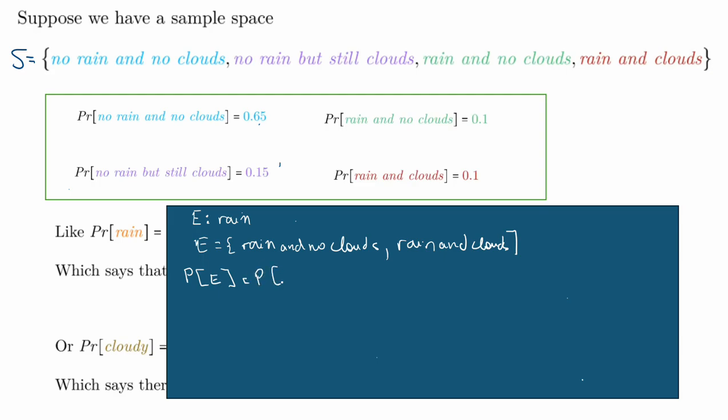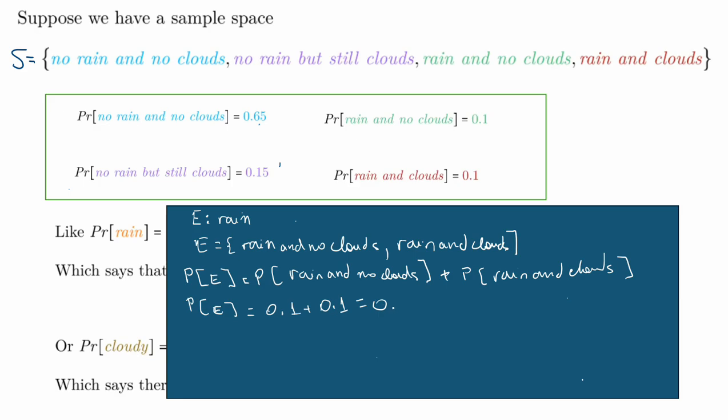And so if I have this event that is a composition of points in my sample space, the probability is the sum of the individual probabilities. So I'm going to take the individual probability of the green point plus the individual probability of the red point. Okay? And then we can calculate this, meaning that this is 0.1 for the green, which is rain and no clouds, plus 0.1 for the red.